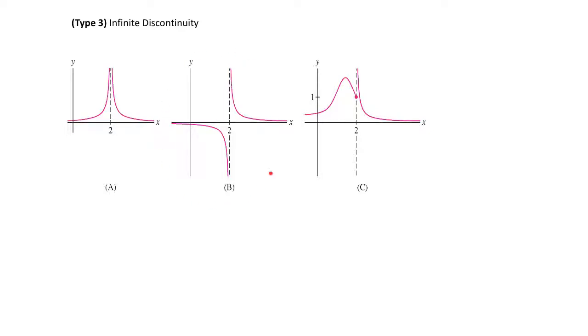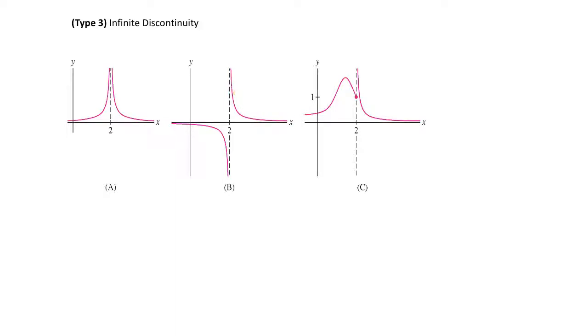Then when we look at b right here, we again have some sort of infinity going on. The left-handed limit doesn't exist because the function goes towards negative infinity. That alone declares an infinite discontinuity at 2. But we have more discontinuity, more bad news.